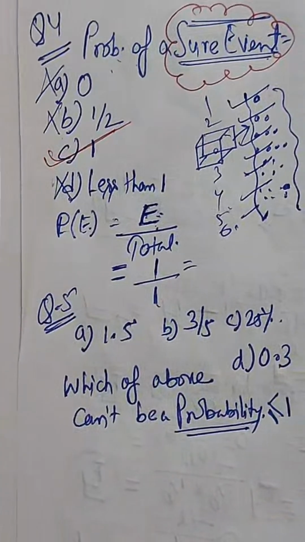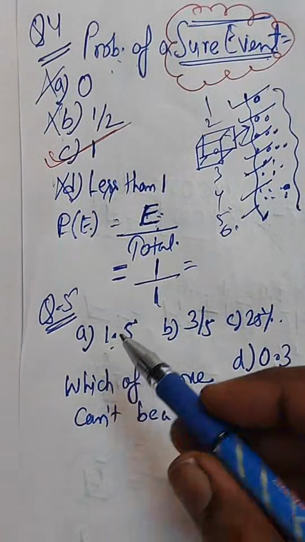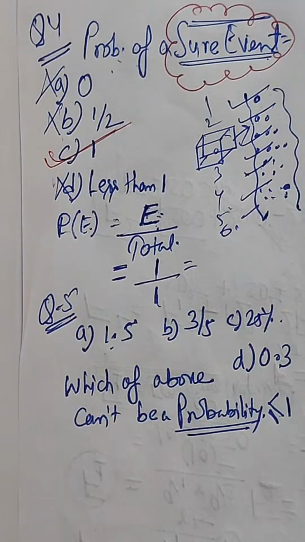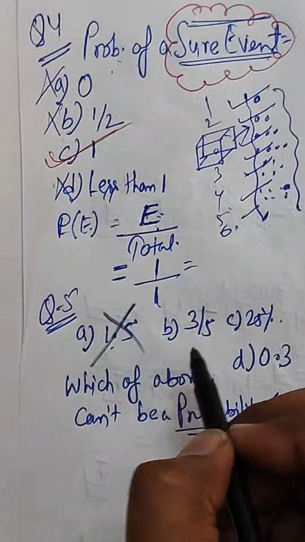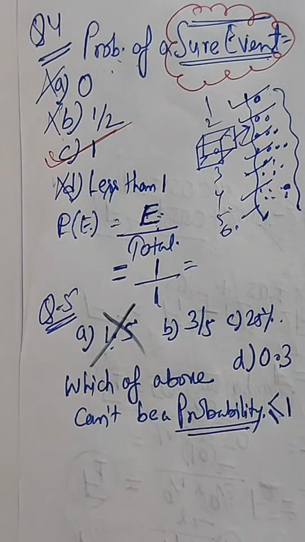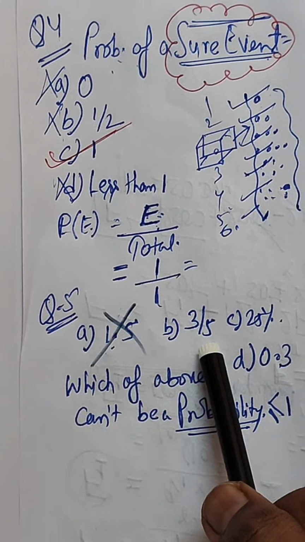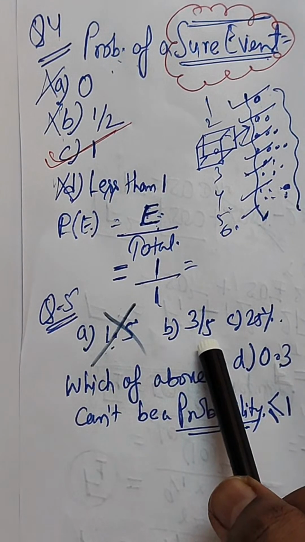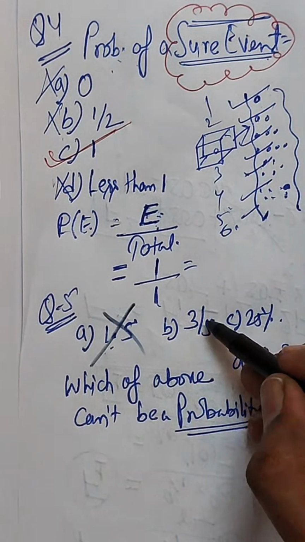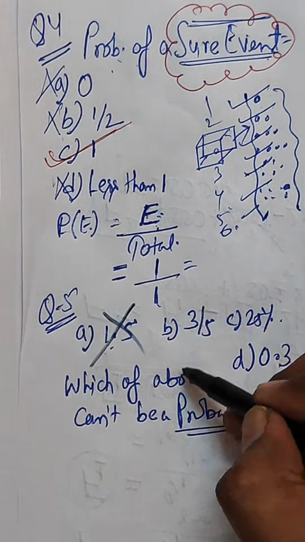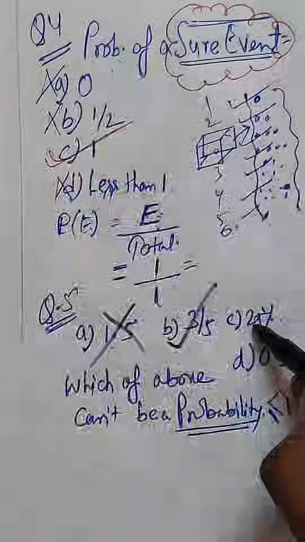Here 1.5 is greater than 1, so this option will not be possible. If you are getting 3 by 5, 3 by 5 is possible because it's giving a value less than or equal to 1. So this could be possible, right?